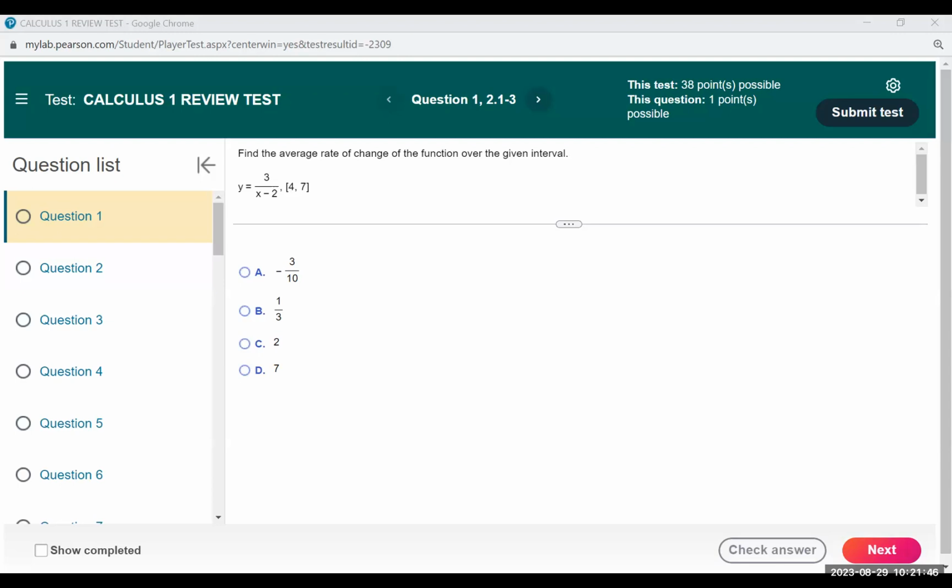Leave the top fraction alone, so it's negative 9/10, times the flip of the denominator fraction. Cancel what you can.